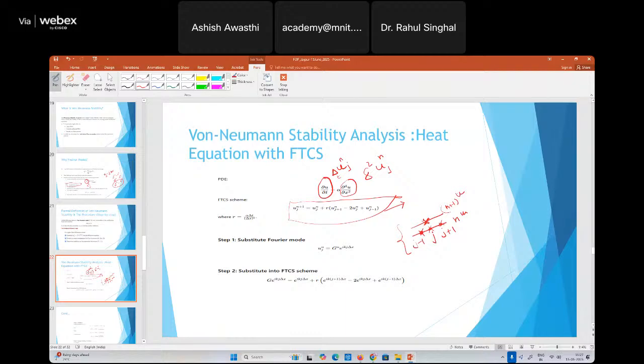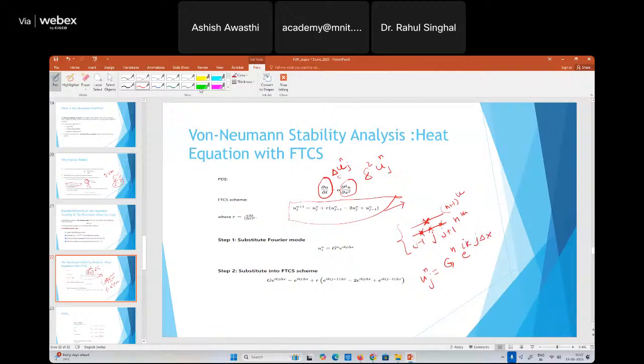Now let us analyze the stability of this scheme. We can use von Neumann stability. You just write it in this form and then substitute. We have written u at j equal to g to the power n, e raised to the power i k j delta x.